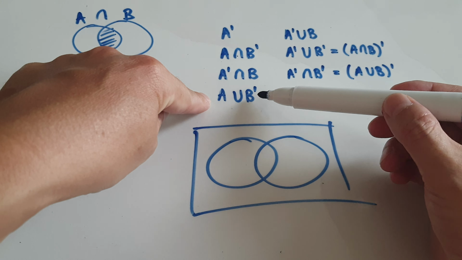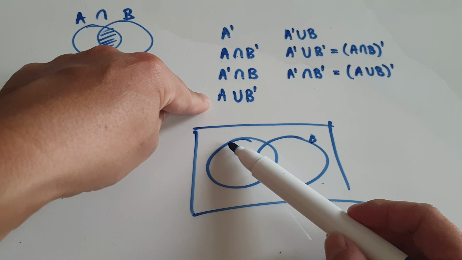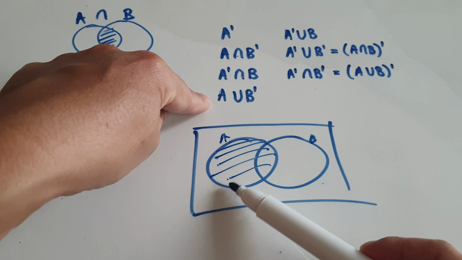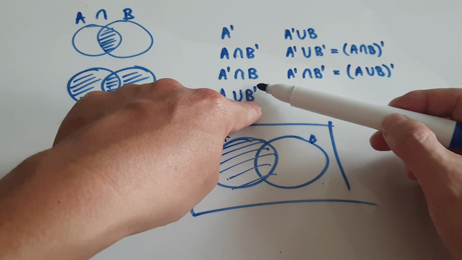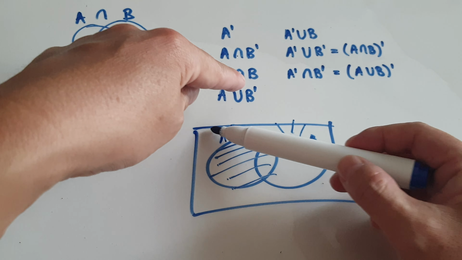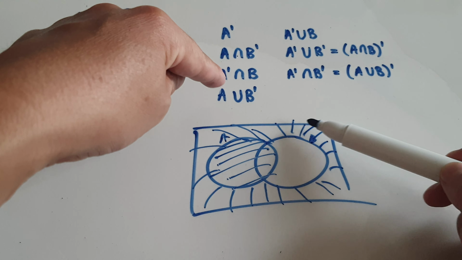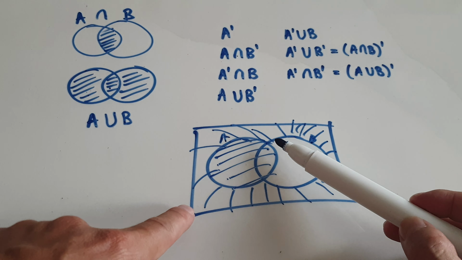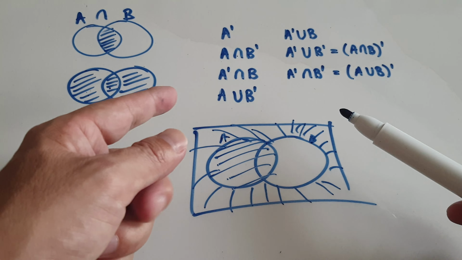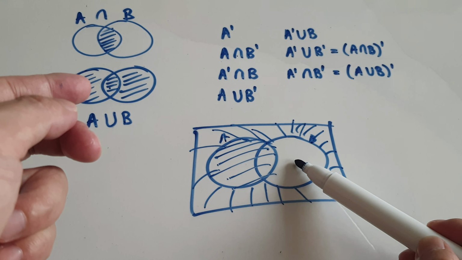In your mind, picture A, everything on the inside of A, and then let's look at this one on the right hand side, not B, but remember it's or, so it's the union of the two. So it really means this, because it's or, it could be in A or outside of B, so really it's everything except from this bit here.